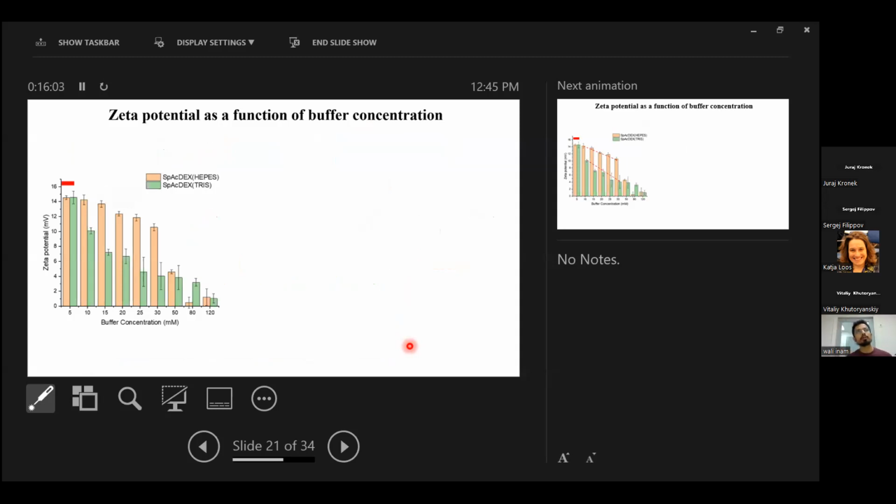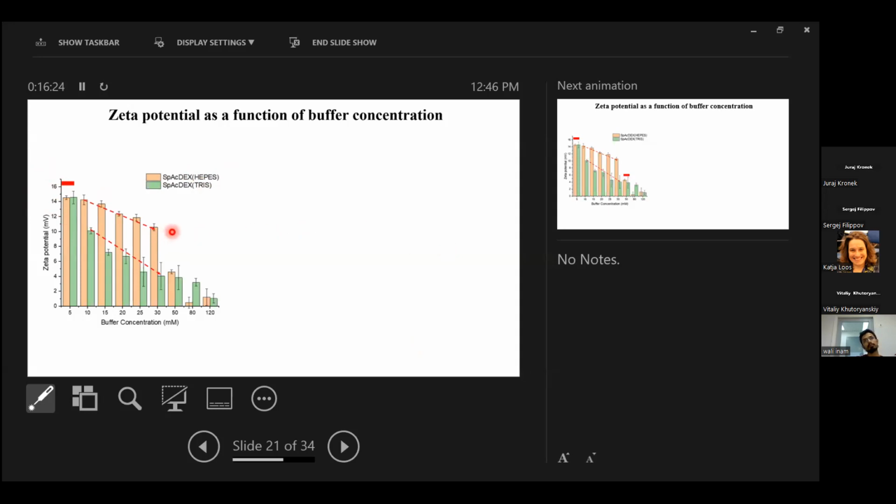For example, in the case of SPCX, first, the zeta potential remains relatively constant over HEPES and Tris. But then there is a decline in the zeta potential, which is expected because we are increasing the concentration.